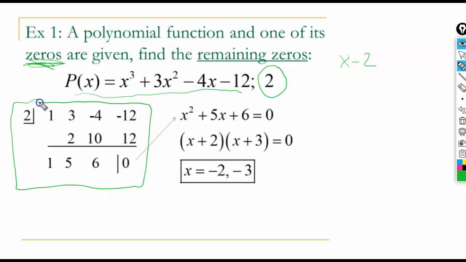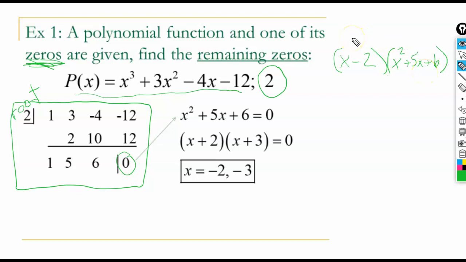So if I do the synthetic division, notice that this is actually the root, 2. The factor is the one that's opposite of it. But when I do that synthetic division, I did get 0 for my remainder. It did, in fact, divide it evenly. So that means that when this factored, it was x minus 2 times x squared plus 5x plus 6.